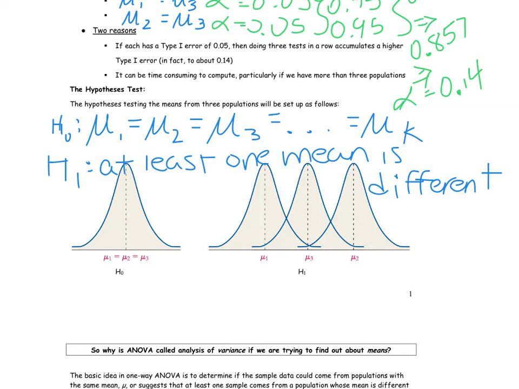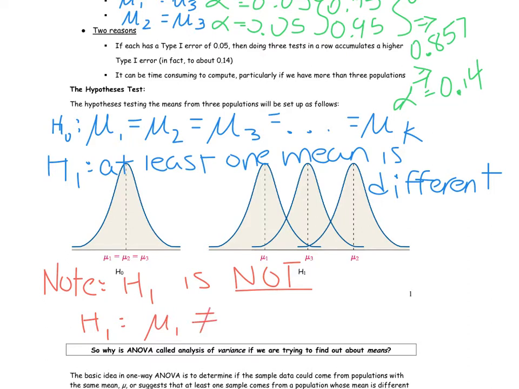I wanted to make a note. A common mistake is to write your alternative like this. Our alternative H1 is not stated like this. We do not say mu1 not equal to mu2, not equal to mu3, etc. Because that's not what we're saying.